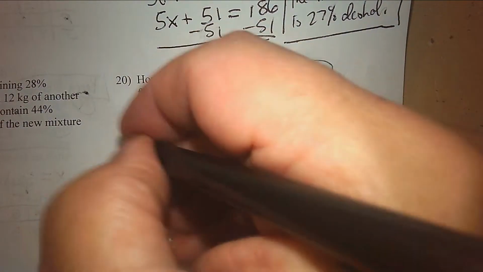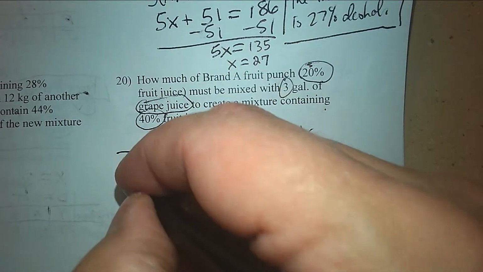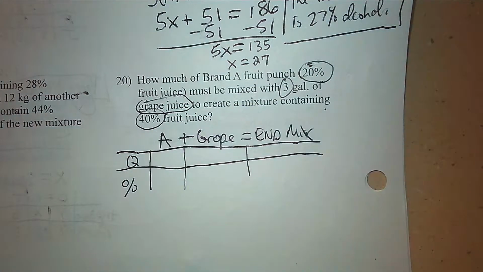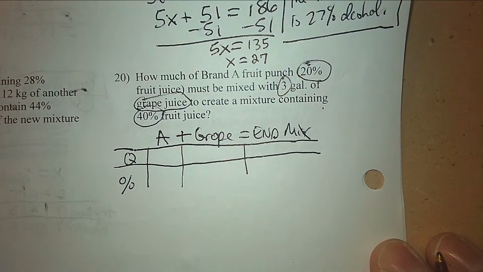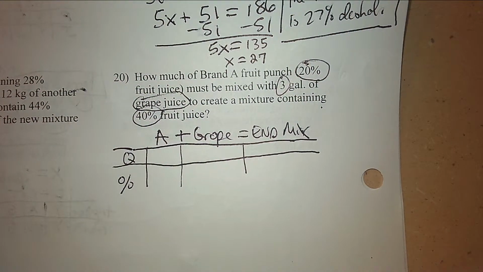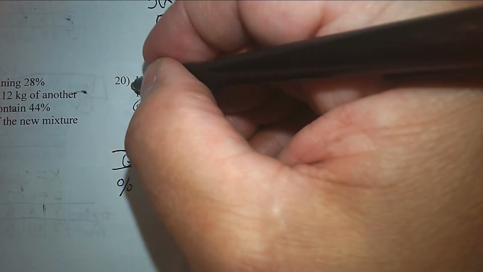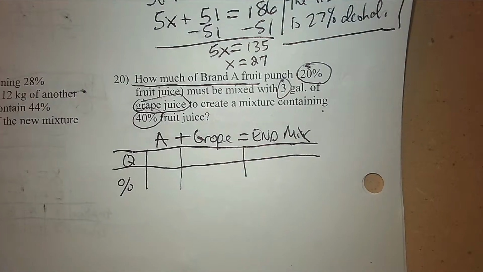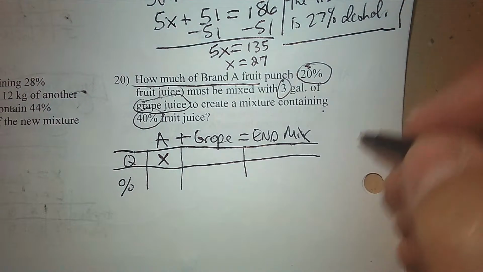And the two things I care about again here are the quantity and the percent. If you read carefully, do we know how much we have of brand A, or is that the question? So the quantity of brand A is my question, isn't it?